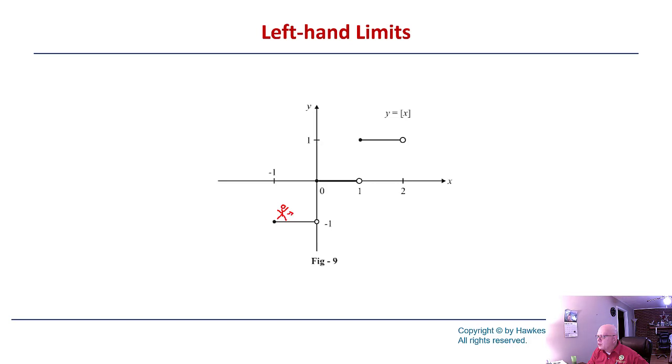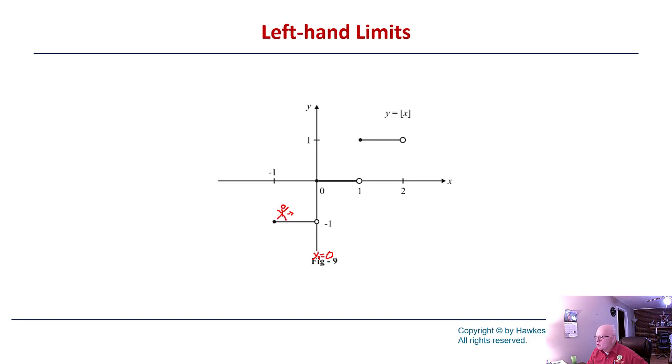And we're heading in that direction. Left-hand limit means we're coming from the left towards some value. And this is going to be our x value that we're getting close to. In this case, what happens as we're running along here, or walking along here, or bicycling along here, where are the y values when we get really close to 0?